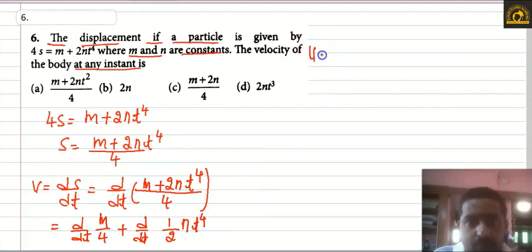So velocity is equal to: m is a constant, 4 is a constant, and the differentiation of a constant is 0, plus 1 by 2 is common. Then the differentiation of n t to the power of 4: n is a constant, and the differentiation of t to the power of 4 is 4 t to the power of 4 minus 1, that is 3.